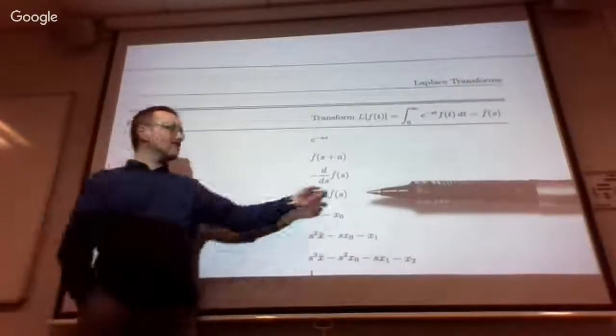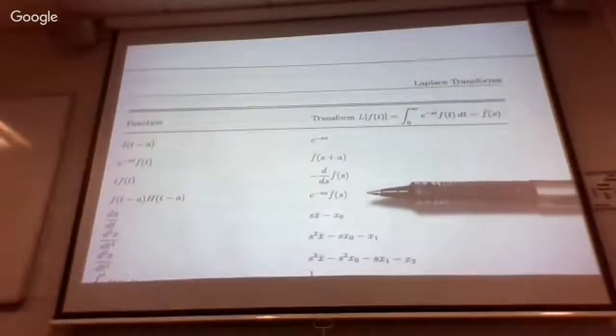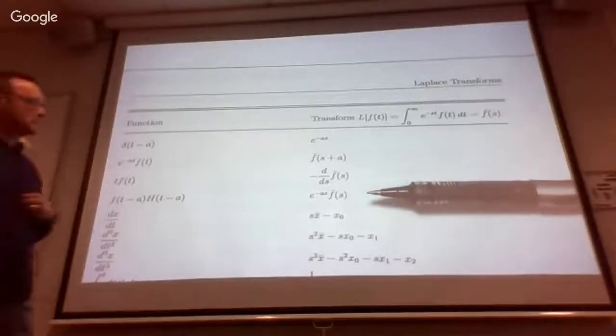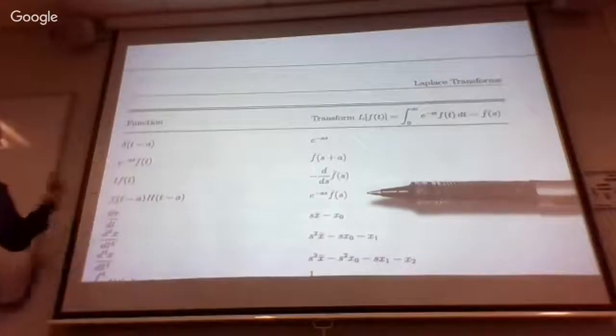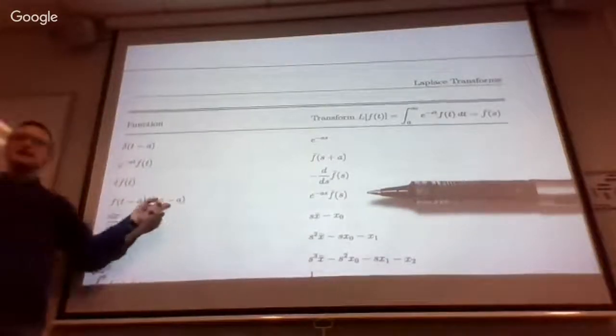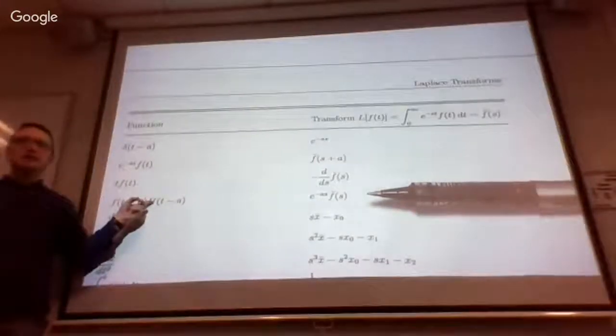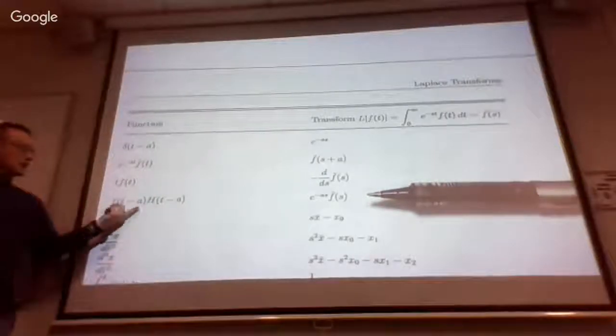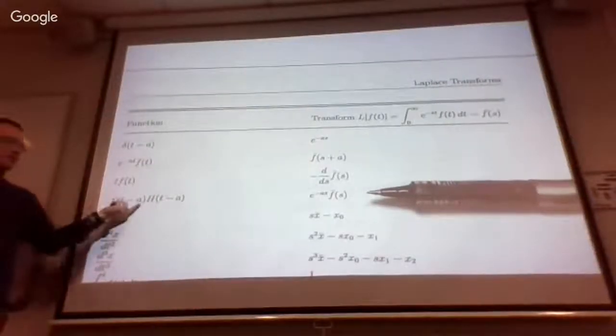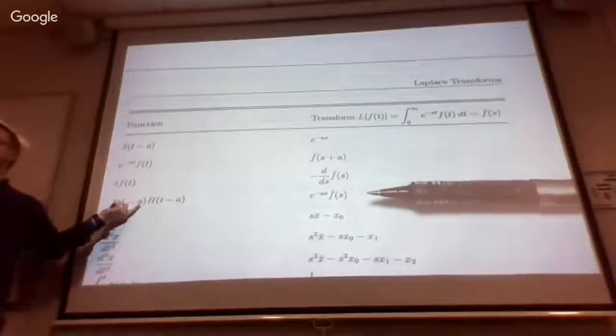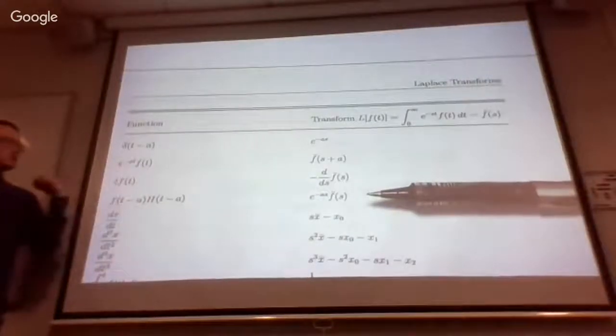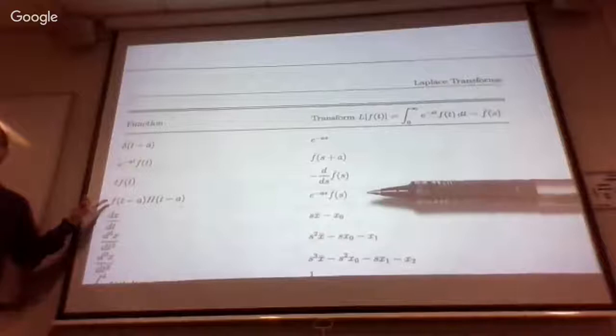The f bar in our problem is 6 over s times s minus 3 times s minus 1. So the inverse transform is going to feature the Heaviside h of t minus 5, and also this function f evaluated at t minus 5.